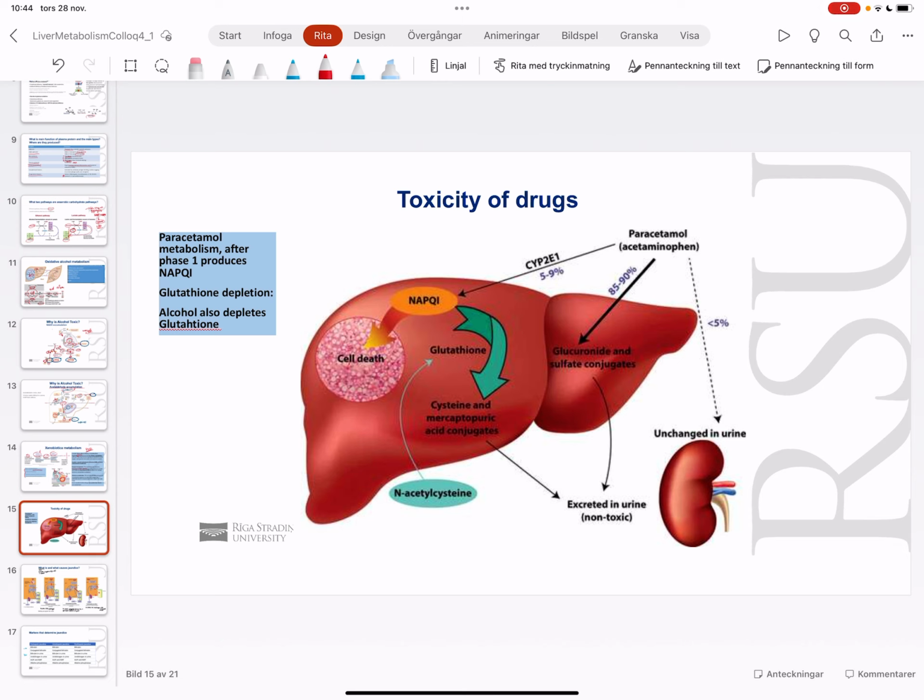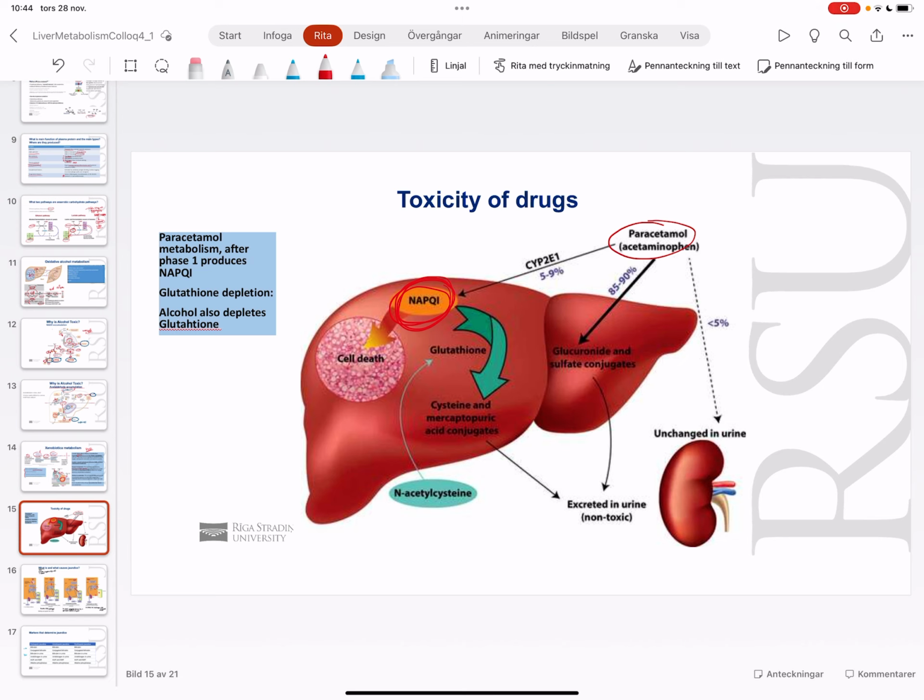What you just need to know is, for example, if somebody overdoses on paracetamol, this can be deadly. Why? Because paracetamol will enter the liver and then it will be metabolized by this enzyme. But what will be formed is this one. This is really important, NAPQI, which is highly toxic and it can lead to cell death.